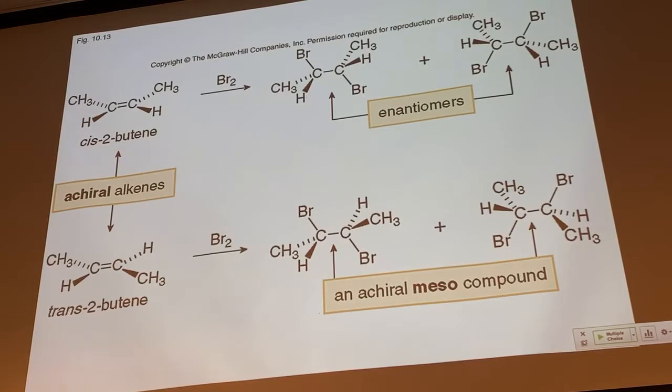Okay? So the halogenation reaction is what we call stereospecific.